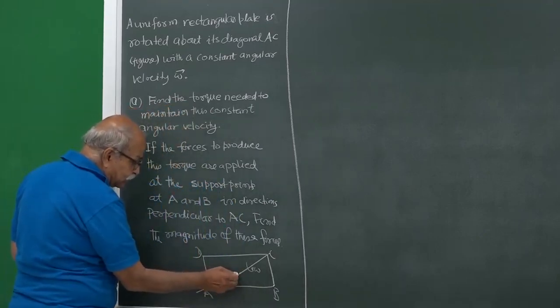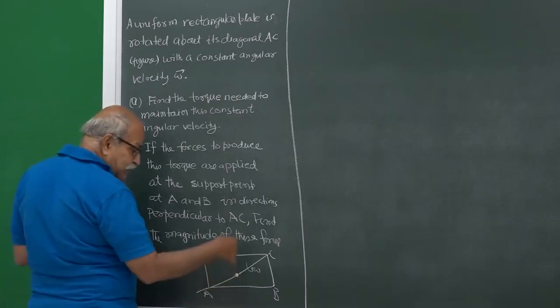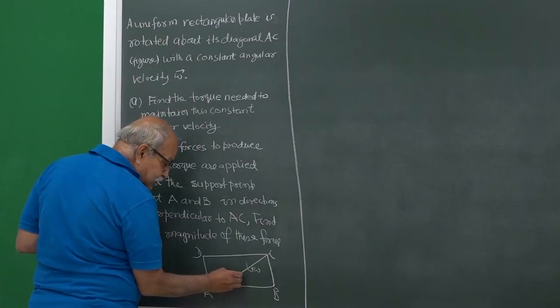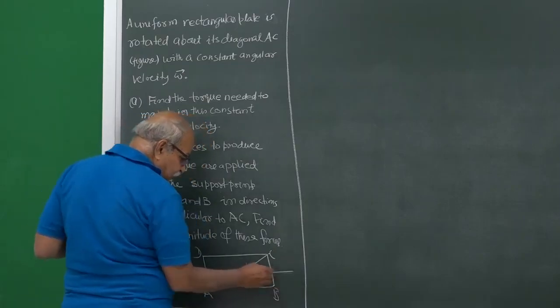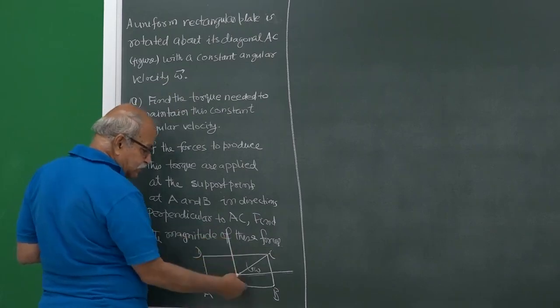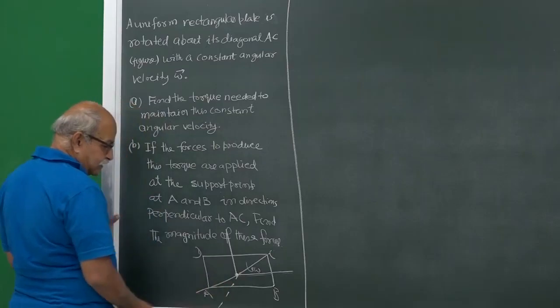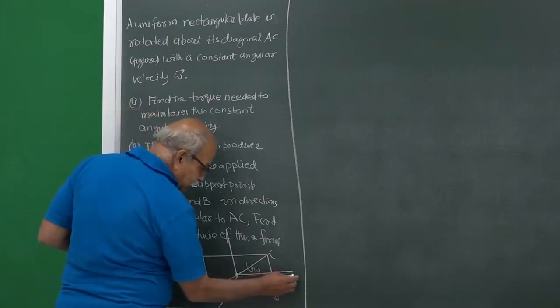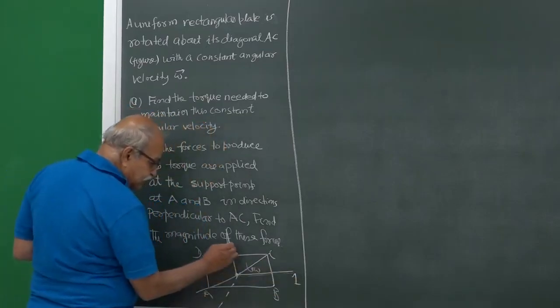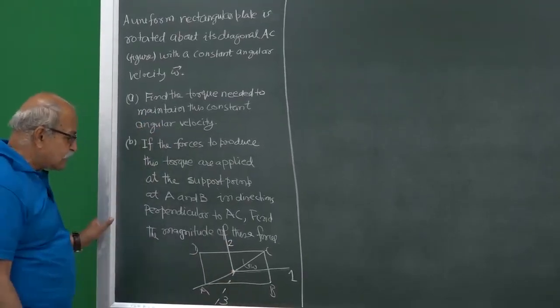So, let us choose our origin at the center of the plate, and then the principal axes are very simple. This is one principal axis, this is another principal axis, and the third is perpendicular to this plate. Let us call this one axis, this two axis, and this perpendicular to the plate the 3 axis.